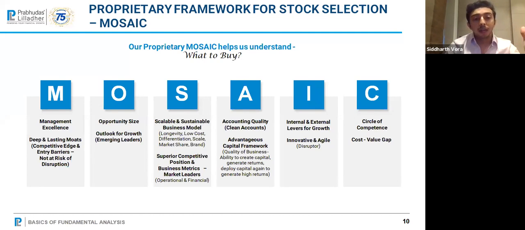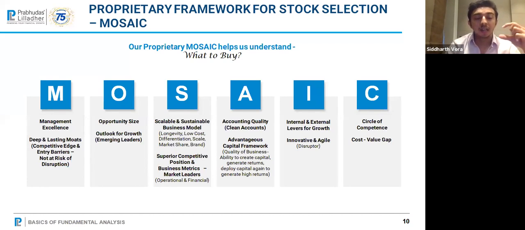How to evaluate management excellence? Again, there are a lot of things like corporate governance. Is the management delivering on what it is promising to deliver over a long period of time, for which you need to go through the con call transcripts and understand that 5 years ago this was said, over the next 5 years, has the company delivered on that or not? Then moats is a very subjective analysis.